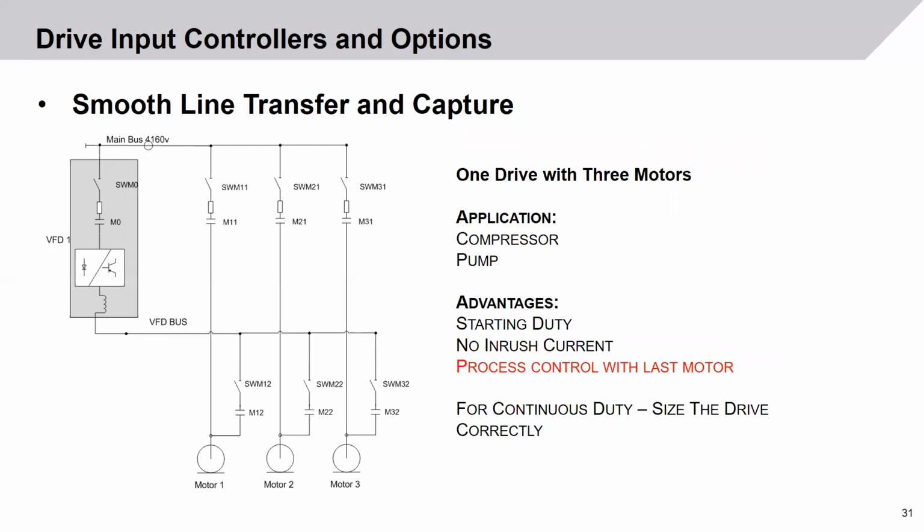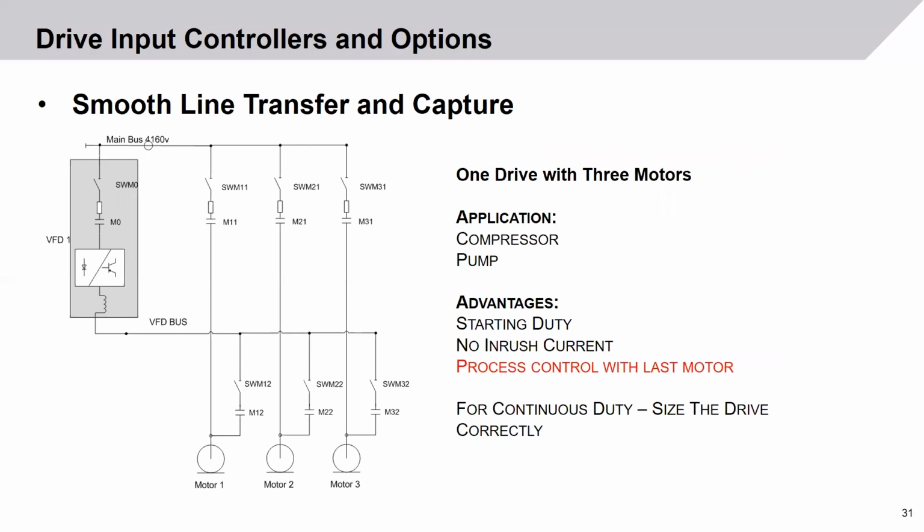So the variable frequency drive will pick up motor number 1 through output contactor M12, and it'll run at a lower speed, less than 60 hertz. Once again, many energy savings can be had by running less than 60 hertz.